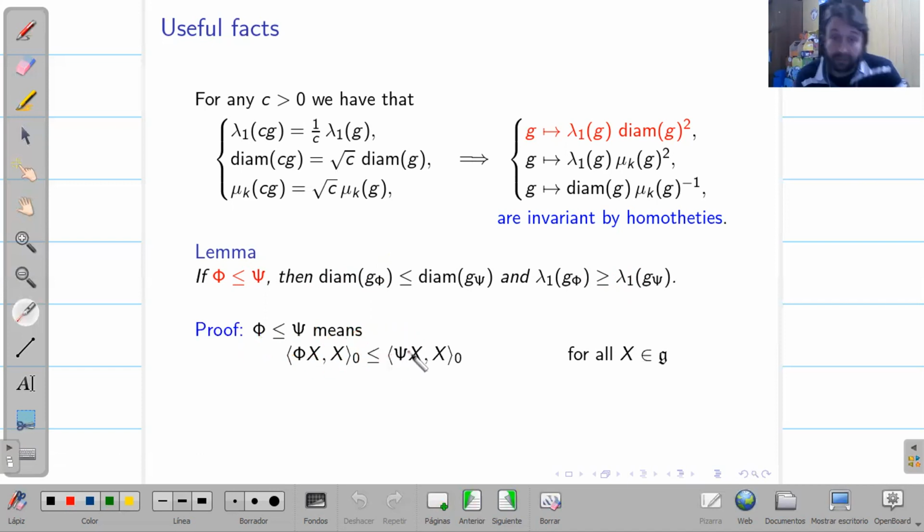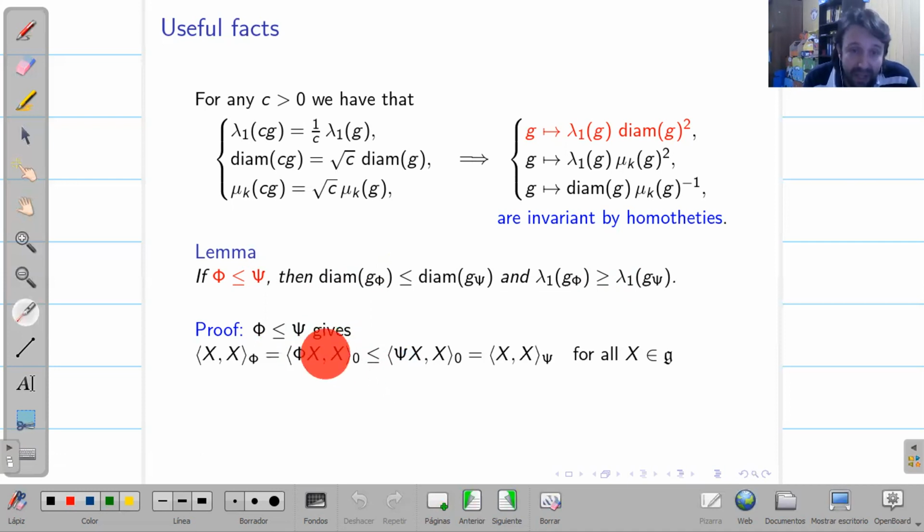It's just this: this minus this is positive semi-definite. And this is exactly the definition of the inner product associated to this. What we obtain with this condition is that there is an inequality between the metrics.